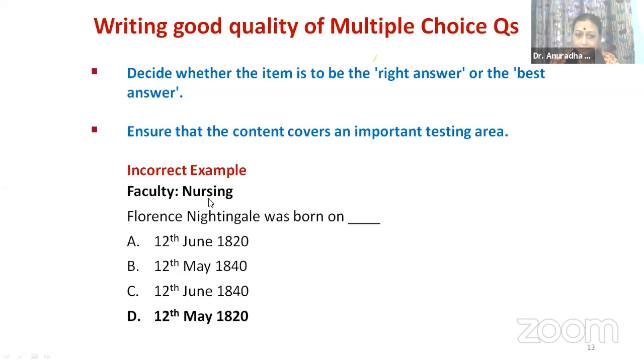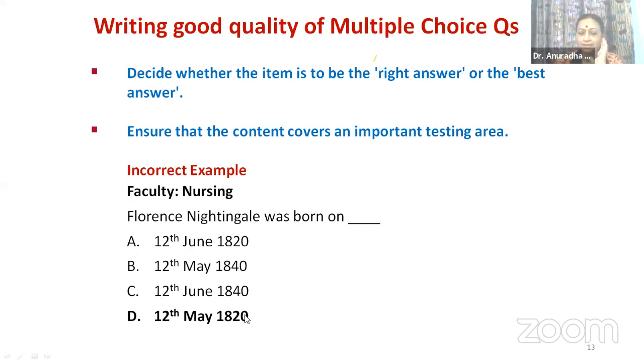For example, in the faculty of nursing, most of the questions that I'm giving you now have appeared in question papers for different courses in different examinations of different institutions. In a nursing paper, this was: Florence Nightingale was born on 12th June 1820, 12th May 1840, 12th June, 12th May.